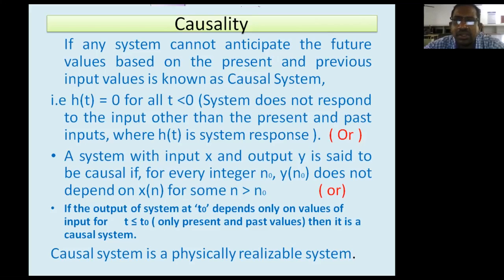For example, a radio transmitter is a causal system. A radio receiver is a causal system. Usually most of the systems are going to be causal systems. Therefore, these causal systems can be called physically realizable systems. We can implement these systems very easily in real time. That's why this is a very, very important type of system in the syllabus.